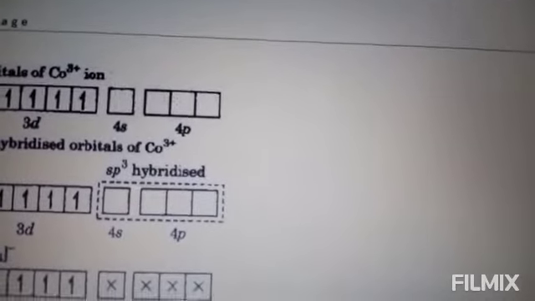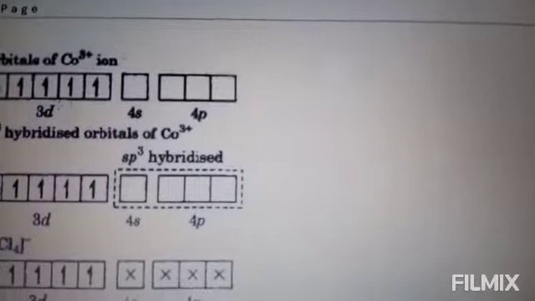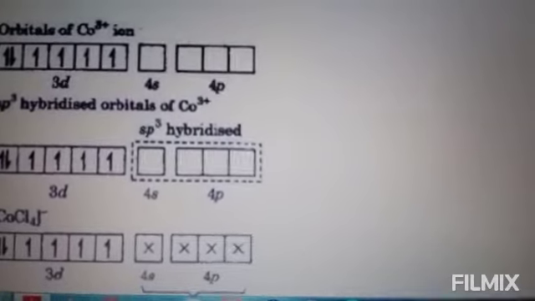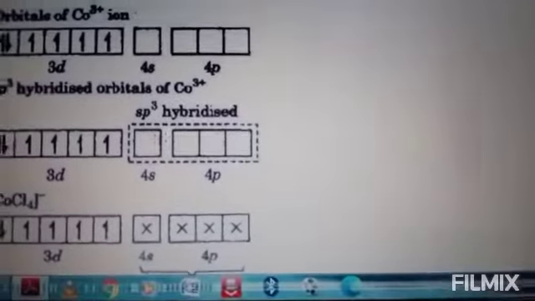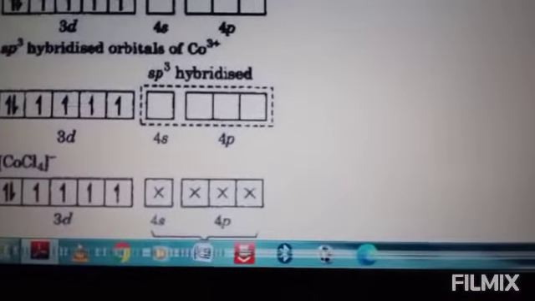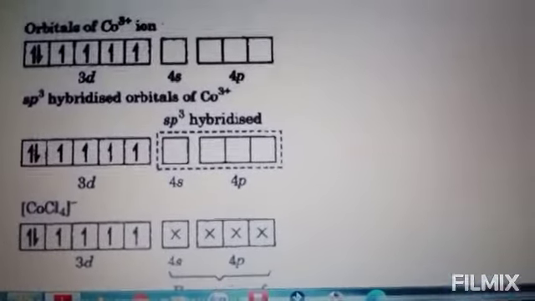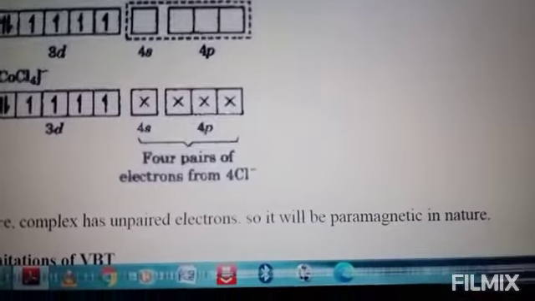When the complex is formed, 1 from 4s and 3 from 4p will be used. So your hybridization is sp3 and all the chlorine occupy here in the 4s and the 4p orbitals. So now in the arrangement, single electrons are there in 3d, isn't it? So it is paramagnetic. Okay, and this was in the 2020 exam paper, CBSE.